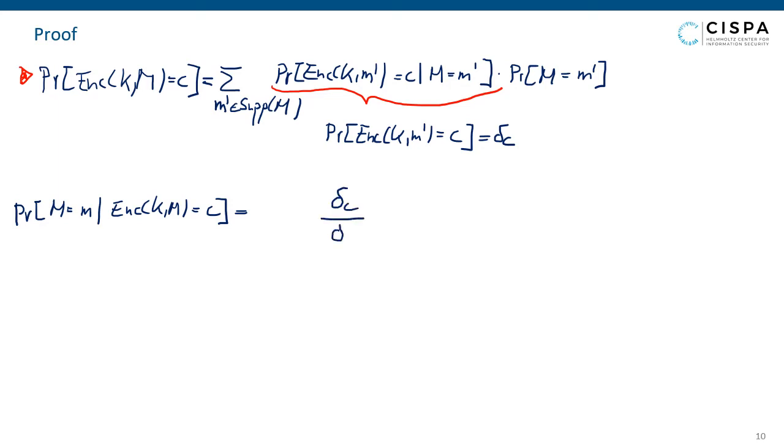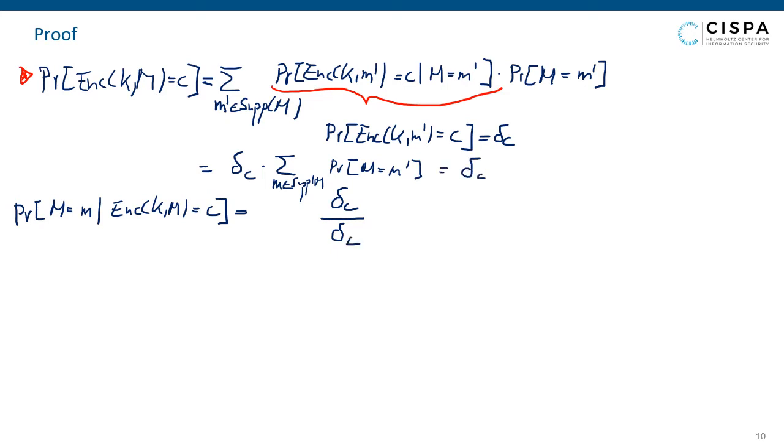The denominator also turns out to be delta c. Let me complete that up here. It's the sum over m prime in the support of M of the probability M equals m prime, and this is delta c.